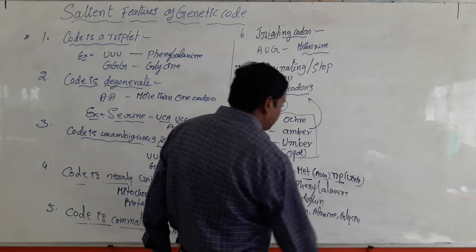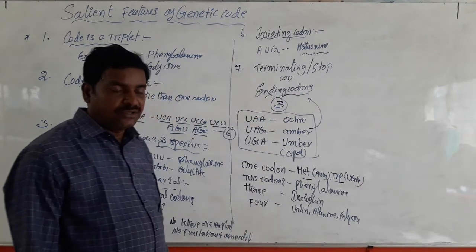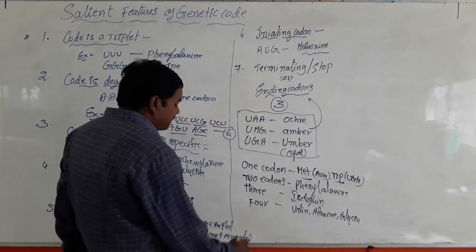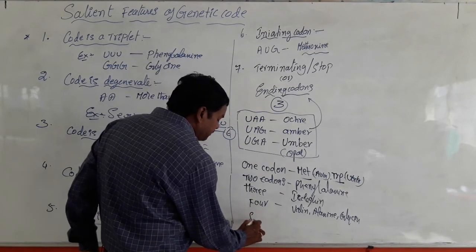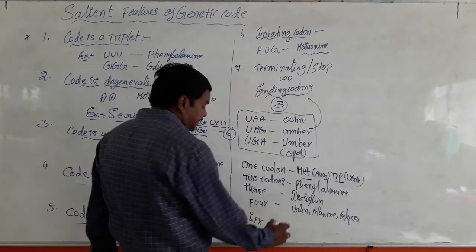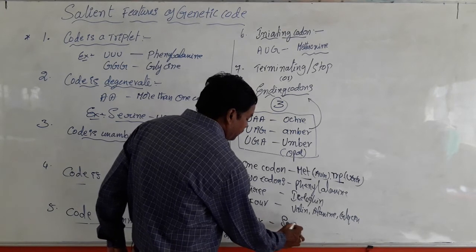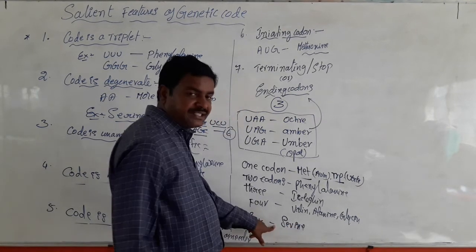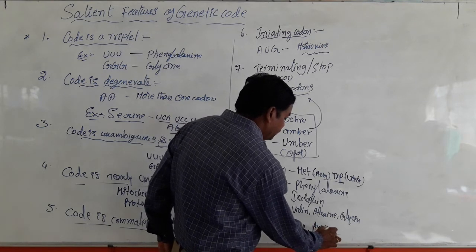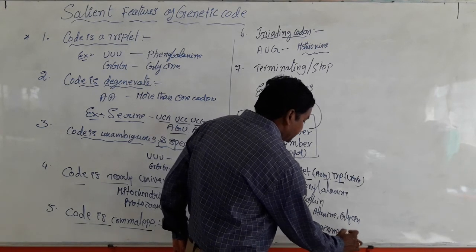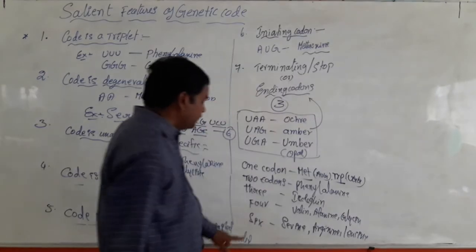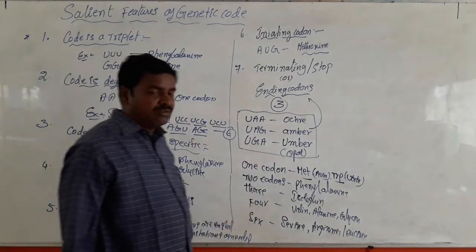And some amino acids are recognized by a maximum of 6 codons: serine, arginine and leucine.